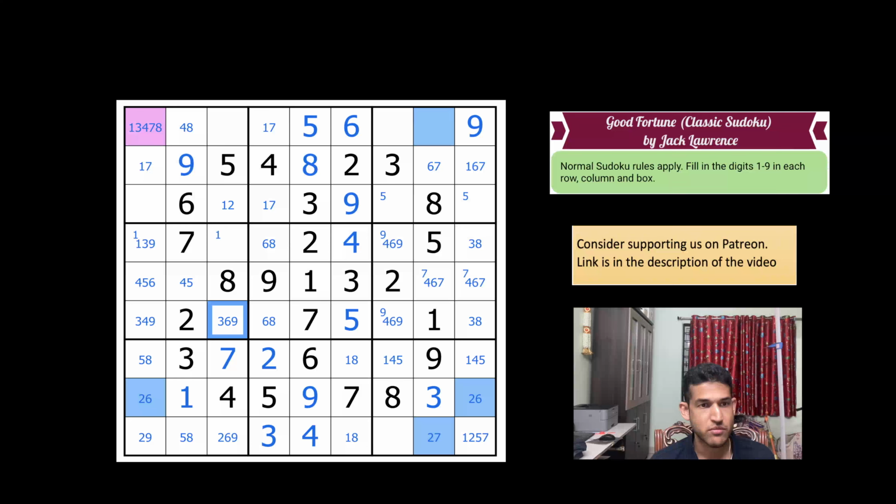So 5 goes in one of these two cells, right? 5 is here or here. Okay, now I can remove these colors.